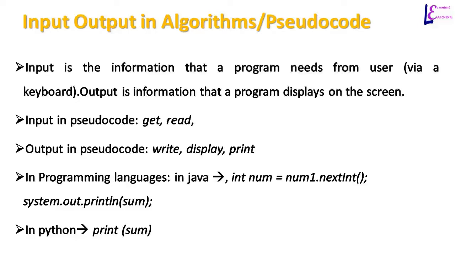Programming languages use different types of syntax. In Java, we can use a Scanner class to get a specific type of input, but output is displayed using the System.out.println method. There are some programming languages that use concise statements for these types of operations, like Python and JavaScript. So you will not have any difficulty in converting your pseudocode to a computer program in languages like these.